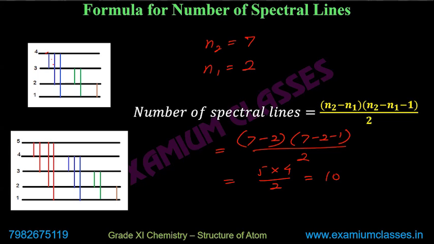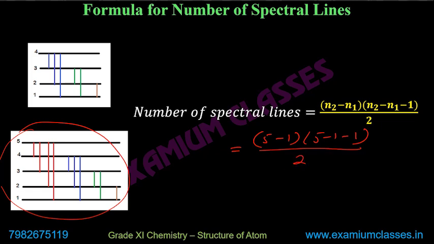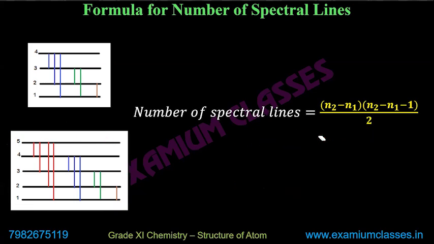And if you want to calculate from 5 to 1, so 5 minus 1, 5 minus 1 minus 1 divided by 2, that is 4 into 3 divided by 2. So 6. No, it is not 6. There is something wrong, because it is applicable for both.